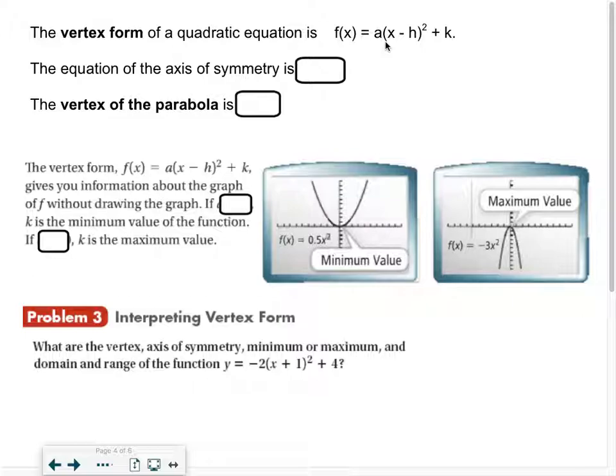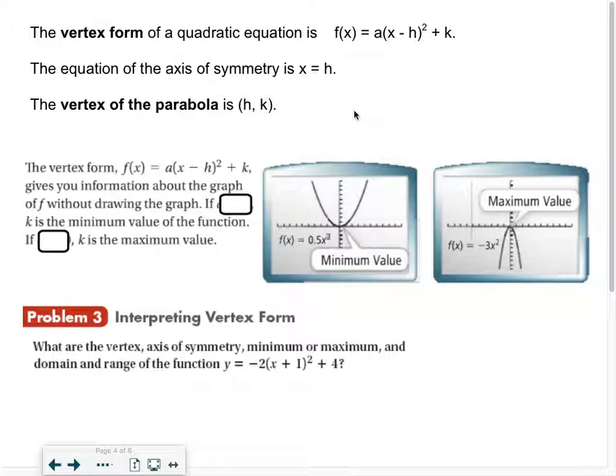I consider it kind of standard form. Easiest way to graph is using this little formula. From that formula, we can get the axis of symmetry real nice: x equals h, and our vertex is just the point h, k.